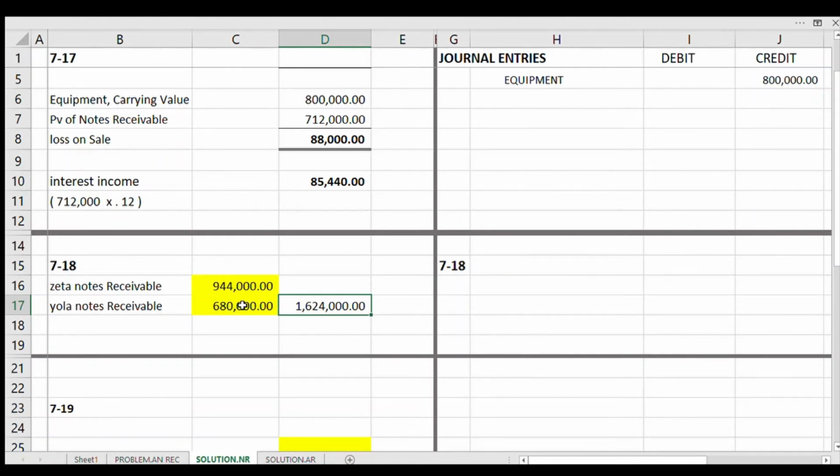So that's how we recognize note receivable, and also that's how we will present it in the balance sheet.